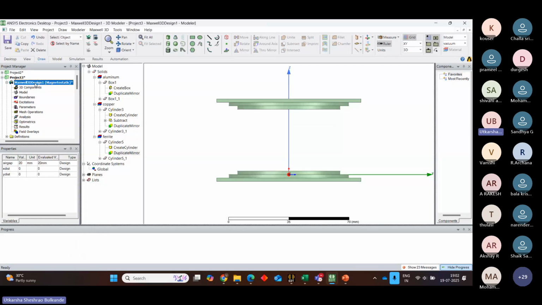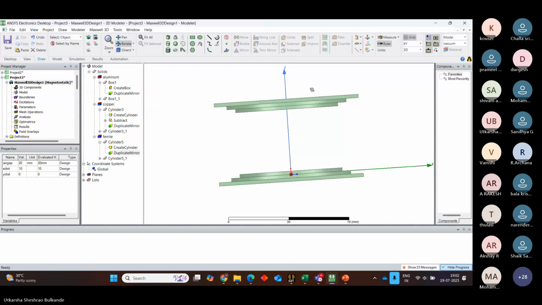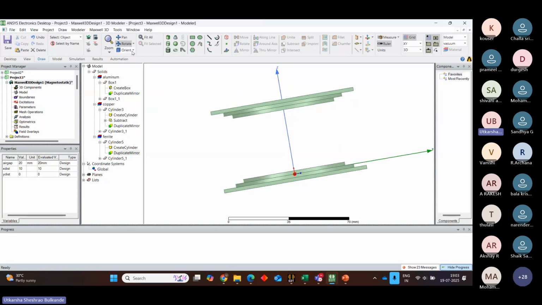So let's see, if you change your X to 10 mm, it will be displaced in the X direction by 10 mm. That I'll show you. Top view.